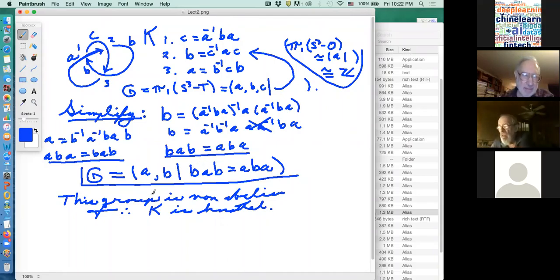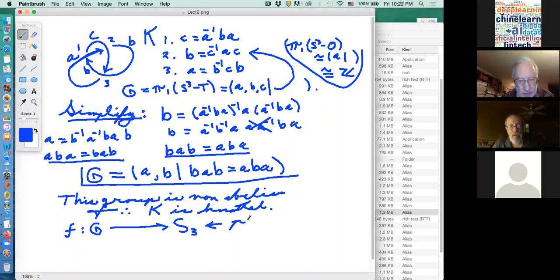So I'm going to prove that it's non-abelian in the following way. I'm going to give you a mapping, which I'll call F. I'm going to give you a homomorphism from G to the symmetric group on 3 letters, permutations of 3 objects.